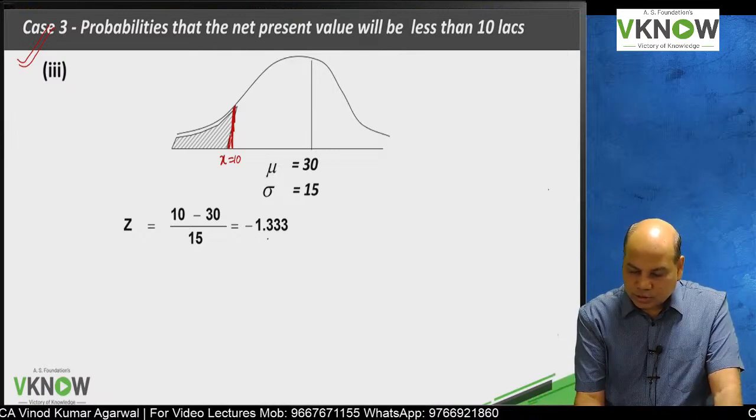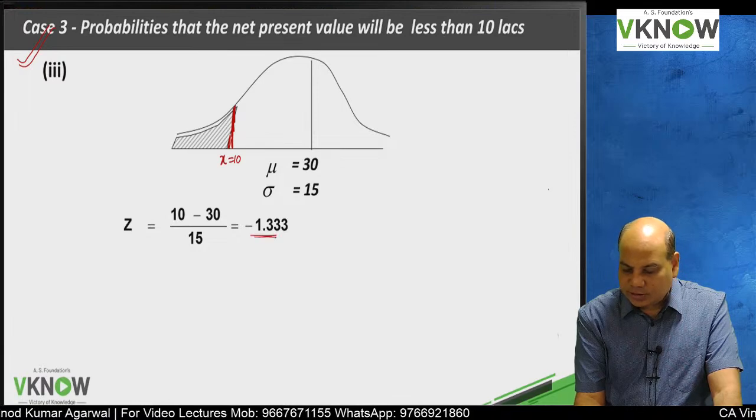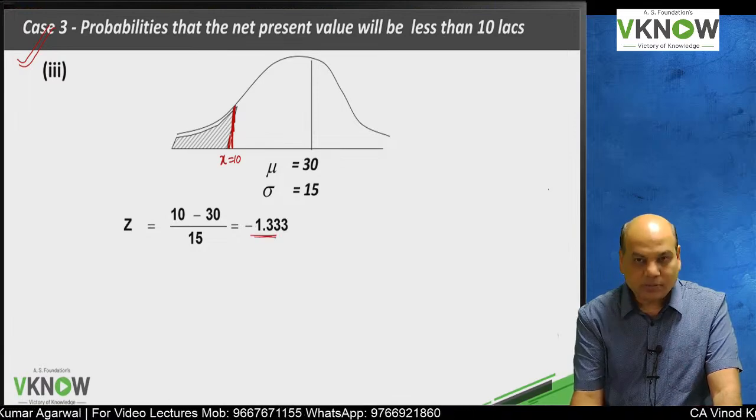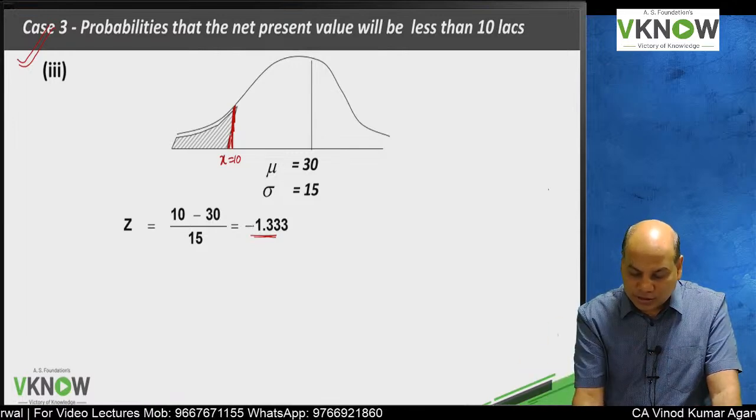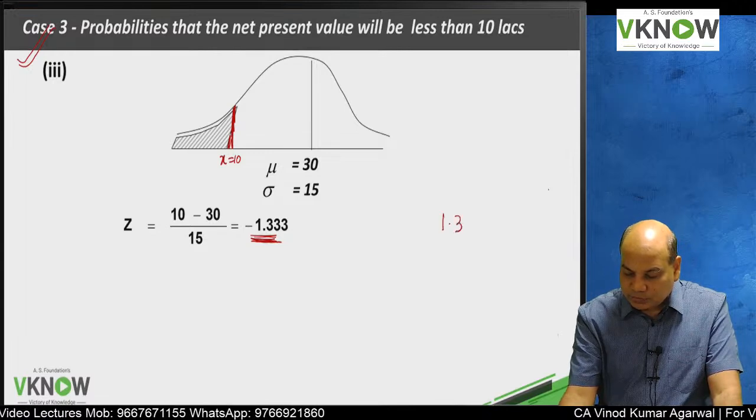It comes to minus 1.333. Ignoring negative sign, because the probability is same whether it is on the left side or the right side. So ignore the minus sign. Search for the number 1.33 in the normal table.